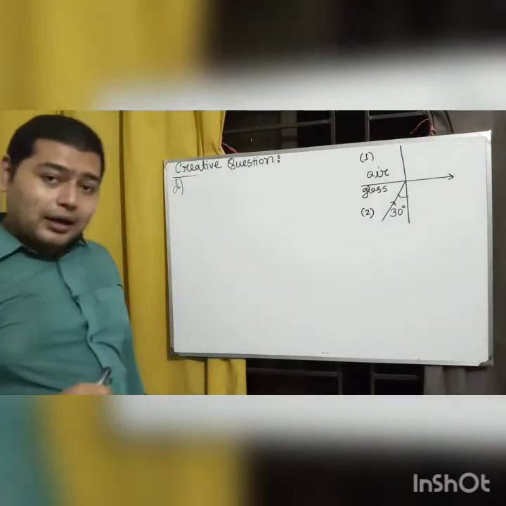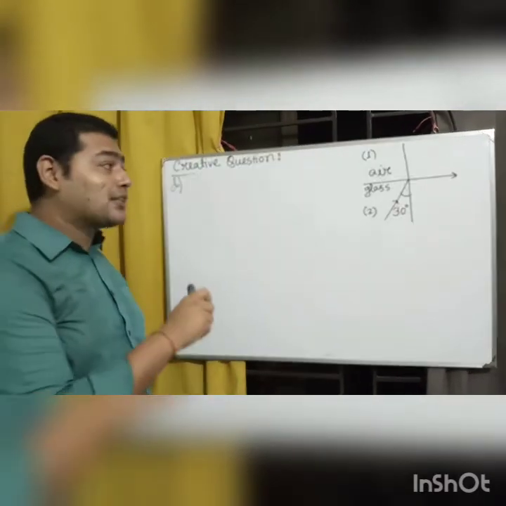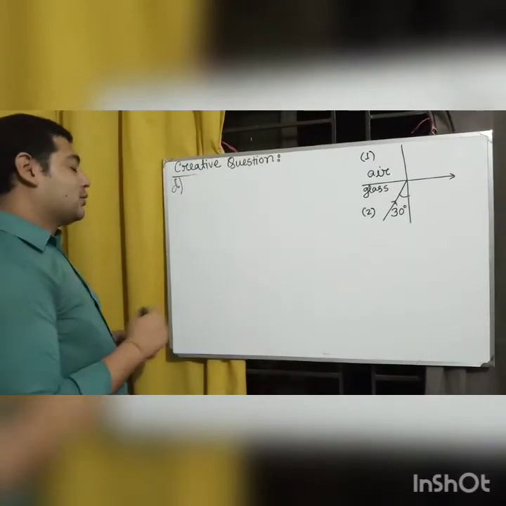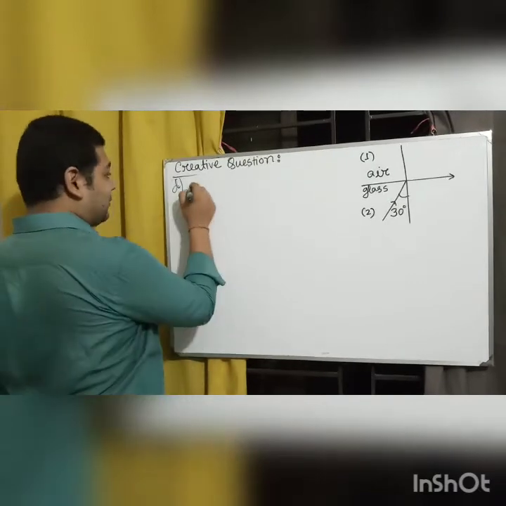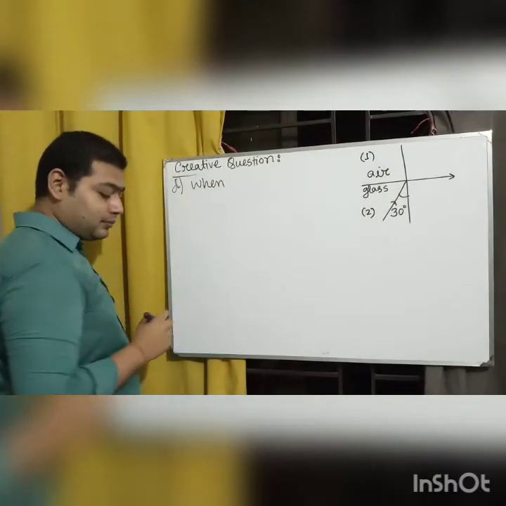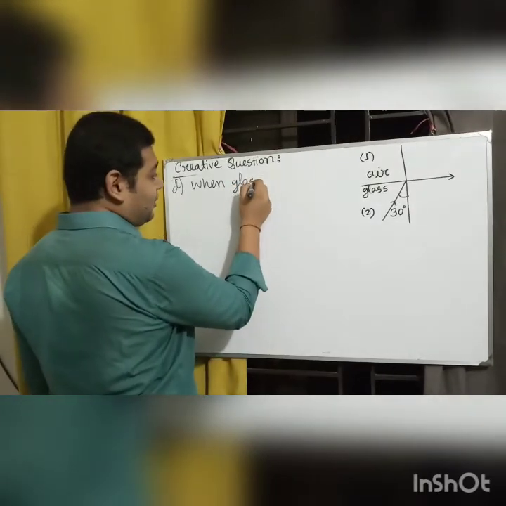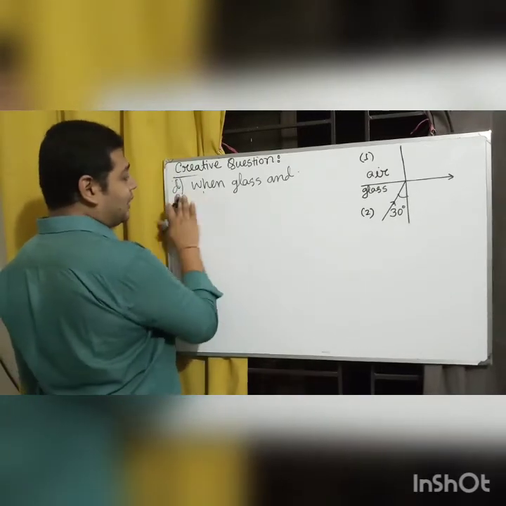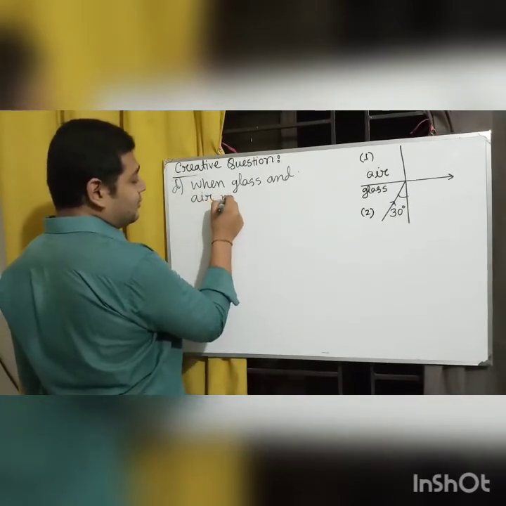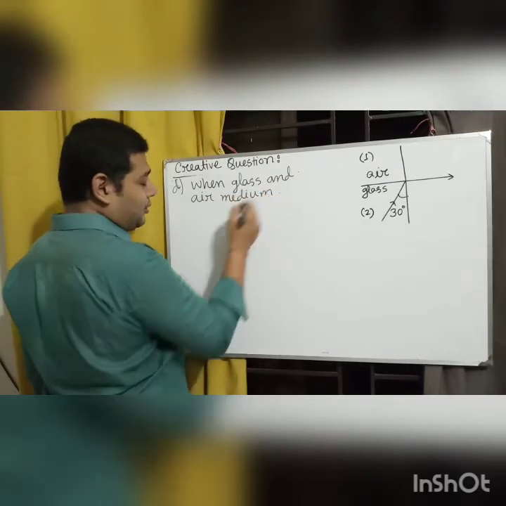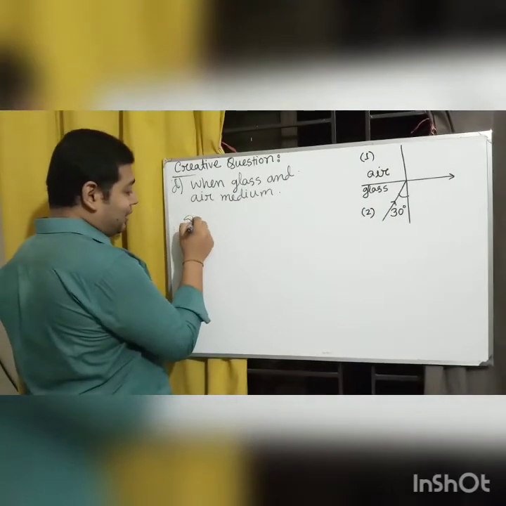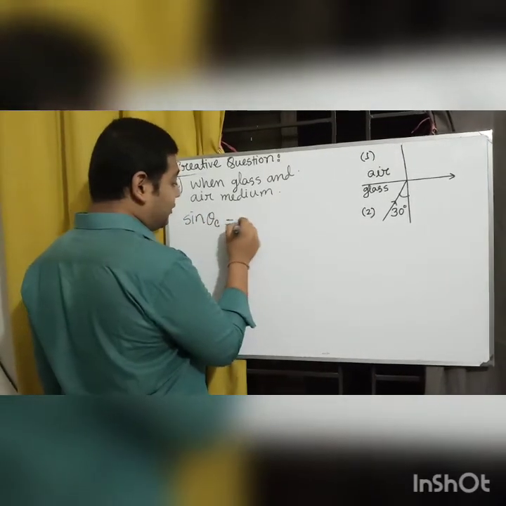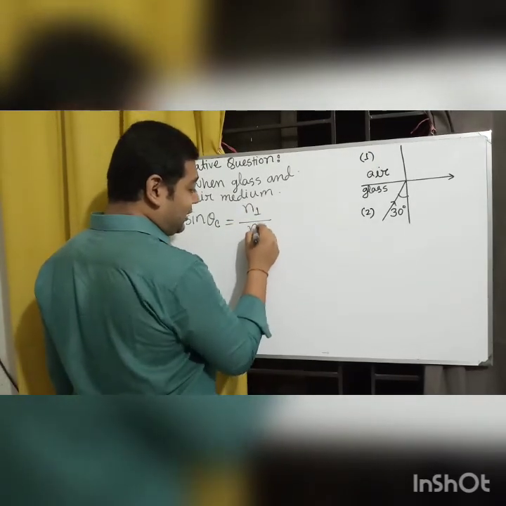The refractive index of that medium is 1.4. Okay, so when glass and air medium, we know that sin theta c equal to n1 divided by n2.